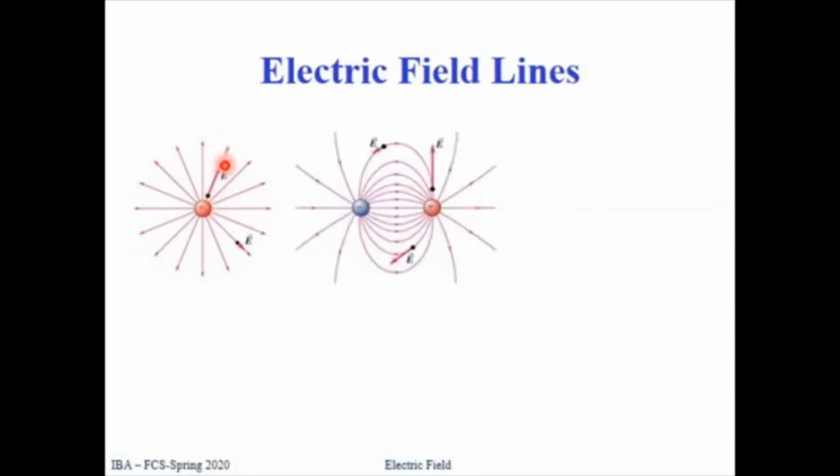If you have one positive and one negative charge, then we already know that the positive charge is considered a source charge because lines of force evolve from this charge, and the negative charge is considered a sink charge because all of the lines of force end at this negative charge.